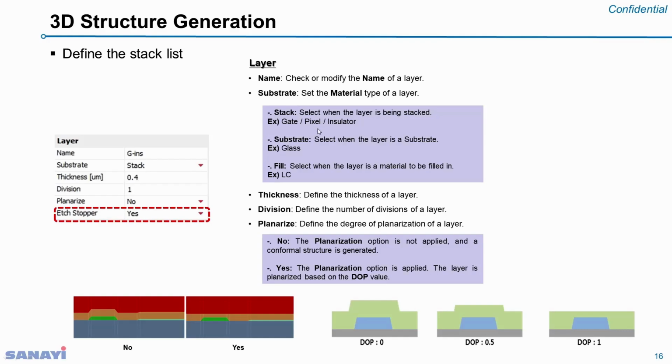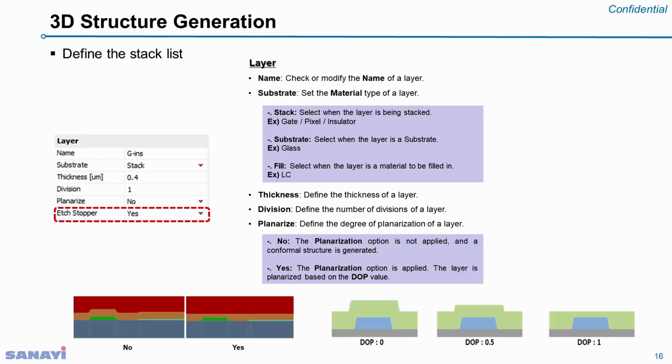If the layer is a substrate, select substrate. If the material is being filled like LC, select fill. In other words, you can select the top and bottom substrates as substrates, LC as fill, and other layers as stack. Please note that the property items are totally different depending on the substrate type.